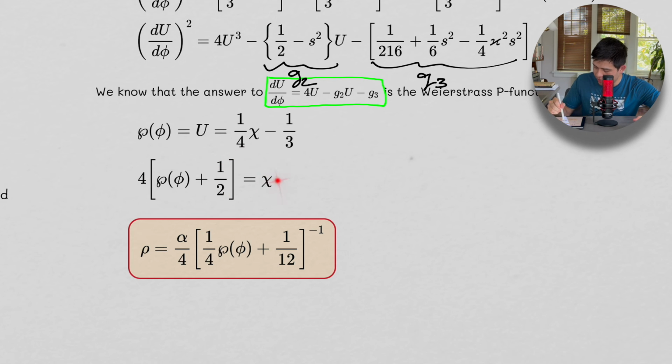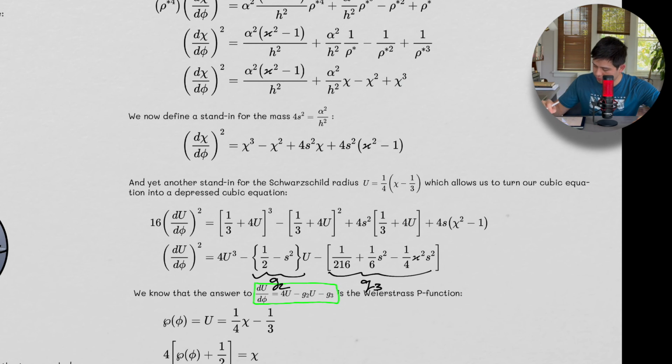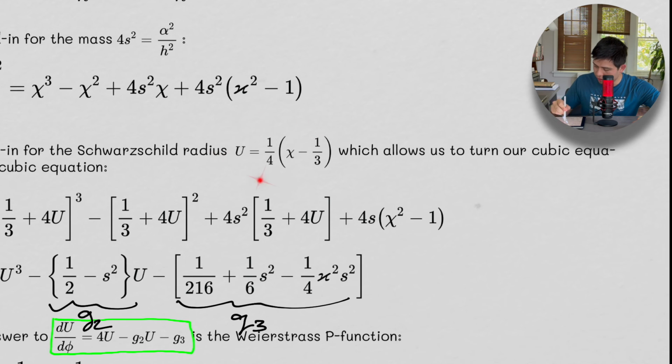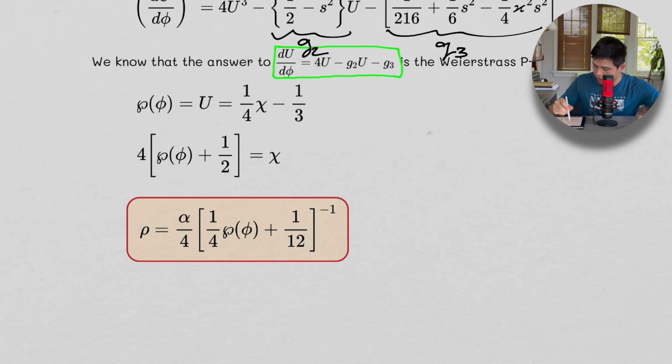And then since chi is the standard for the Schwarzschild radius, we get this here, right? Remember chi was right here. We defined chi in terms of u.